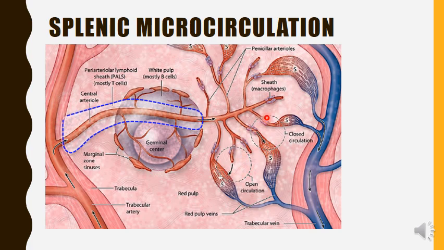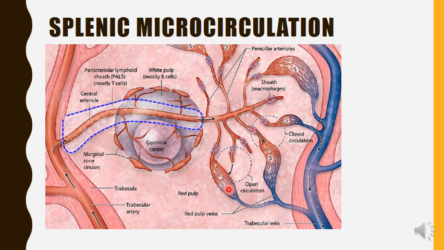So these are the two theories. One is the closed circulation, wherein blood passes from the penicillar arterioles into the capillary network, then into the venules and the veins. In open circulation, from the arterioles the blood first enters the spaces between the splenic cords present in the red pulp, and from there it slowly enters the sinusoids.